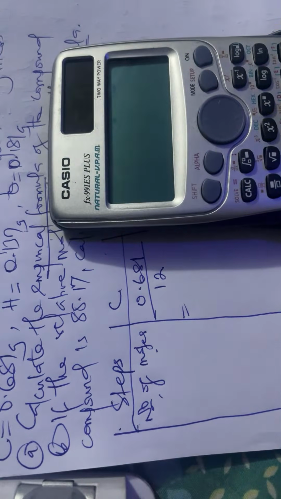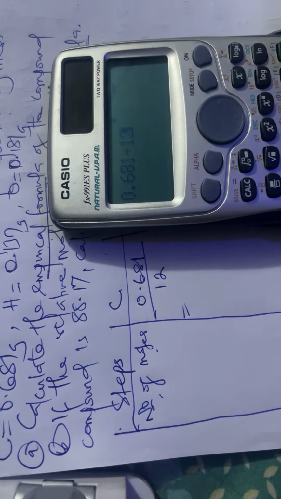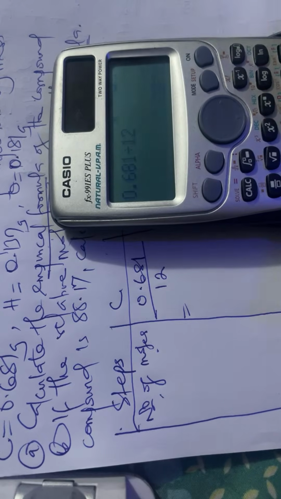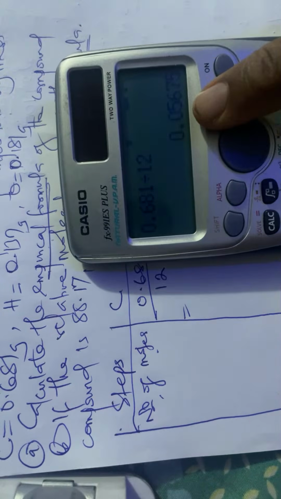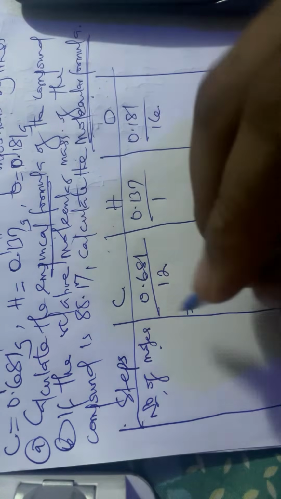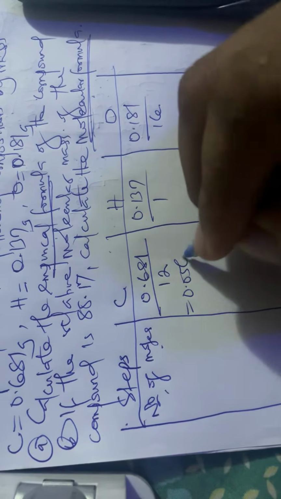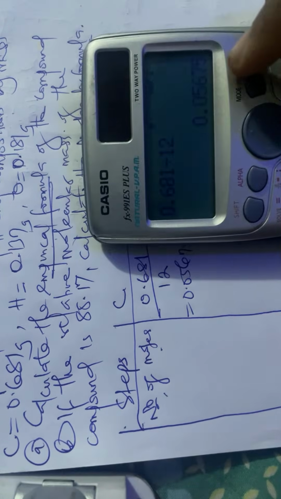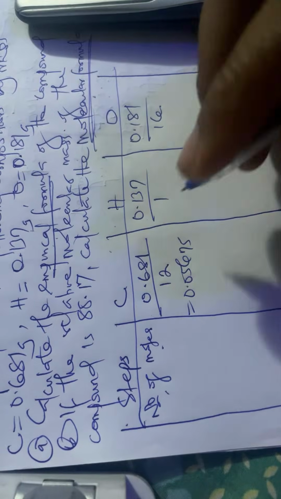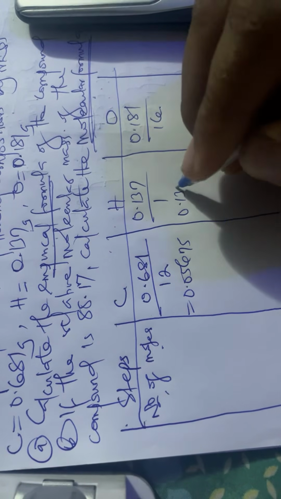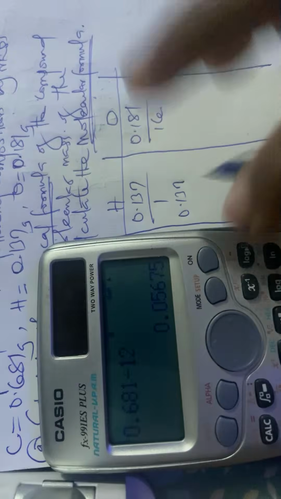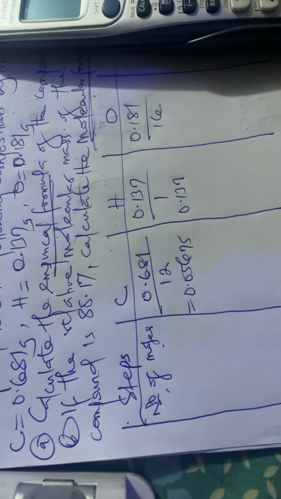Okay, so now let's calculate this. We have 0.681 divided by 12. When we divide this, we are going to have 0.05675. Then 0.137 divided by 1 is still 0.137. Then remember, all these things are moles.